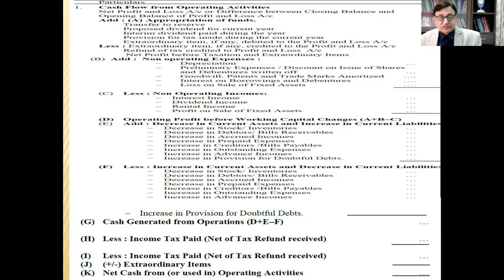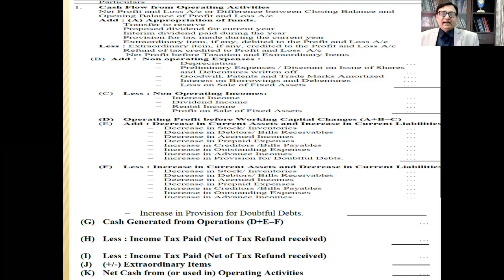Because in this figure so many appropriations may have been made. For example, some amount has been transferred to reserve, some proposed dividend for the current year may be there, some interim dividend may have been paid during the year, some provision for tax may have been made during the year, some provision for extraordinary items may have been debited to the profit and loss account.